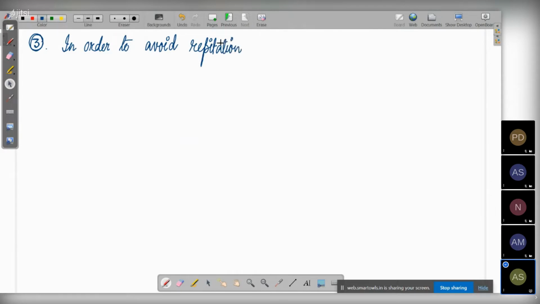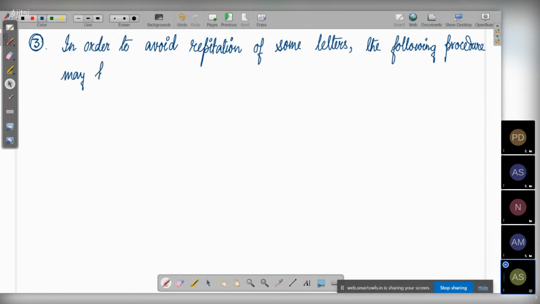In order to avoid the repetition of some letters, the following procedure may be adopted.